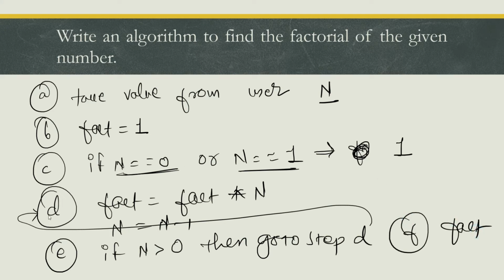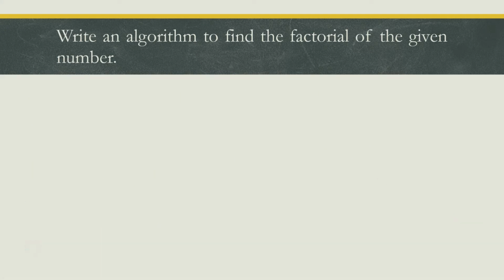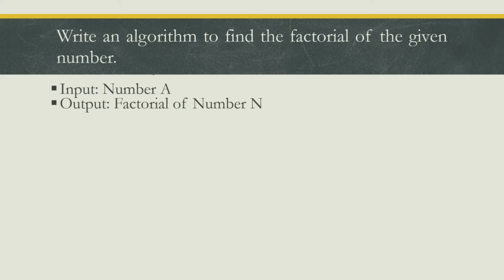Fact variable. Okay, so let's start writing the solution. The input for this algorithm is a number n. Output: factorial of number n.